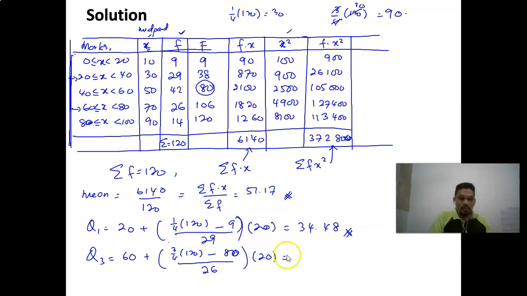Then equal to 67.6. There you go. So from this data, we continue our discussion.